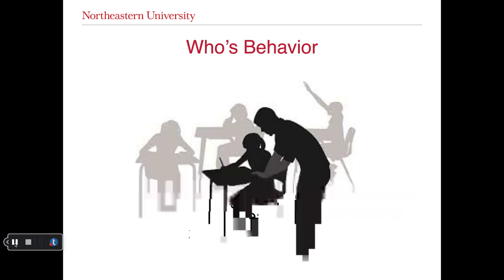Lastly, my last tip is to consider both the teacher behavior and the student behavior. So when we think about our goal, all of that should be the behavior of the student. However, most of the behavior on the teaching protocol is going to be the behavior of the teacher.